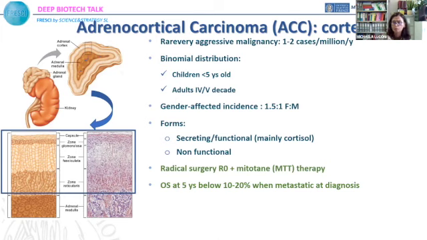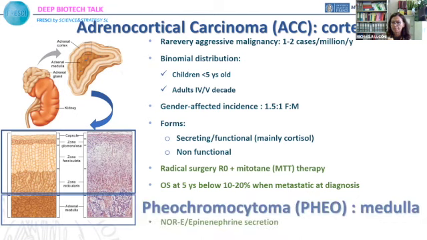It's a rare tumor, very aggressive, with poor prognosis, in particular when it is metastatic at diagnosis, and only radical resection, also associated with mitotane therapy, is the only functional strategy for fighting this type of tumor.